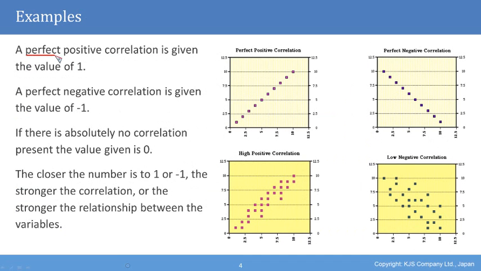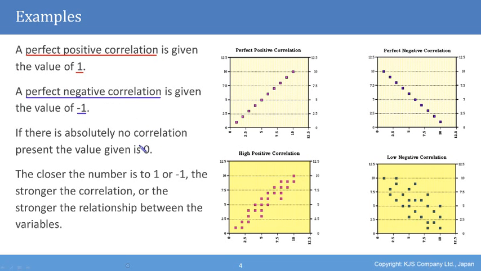By perfect we mean that they all lie on the same line. A perfect positive correlation is given the value of 1. A perfect negative correlation, where all the data points lie on the same line, is given the value of -1.